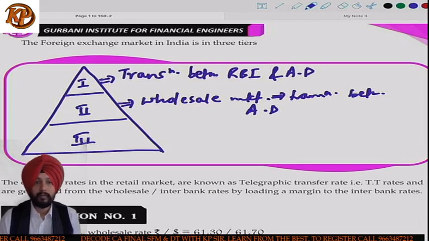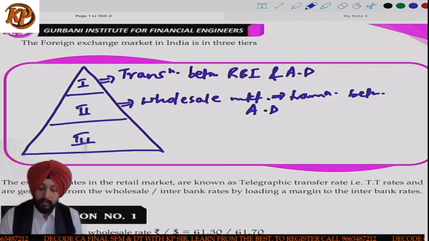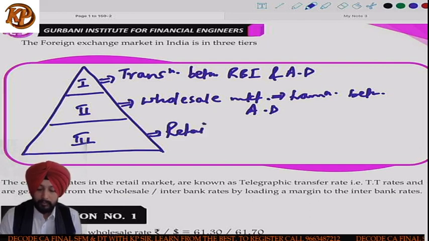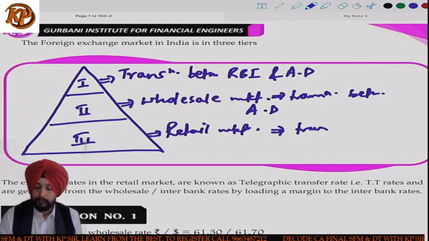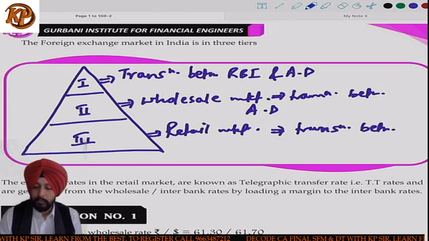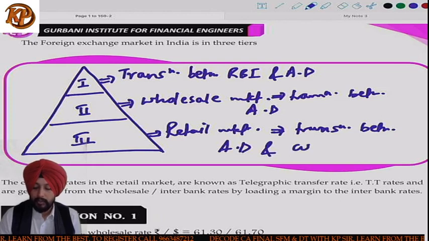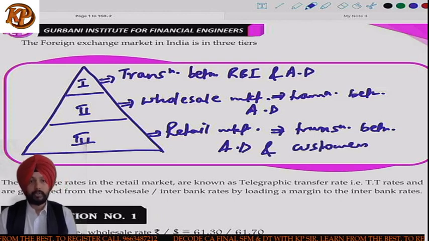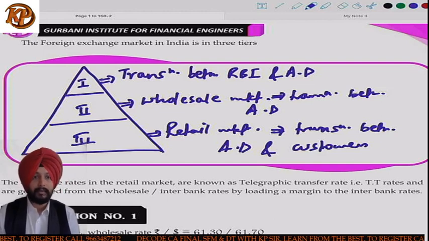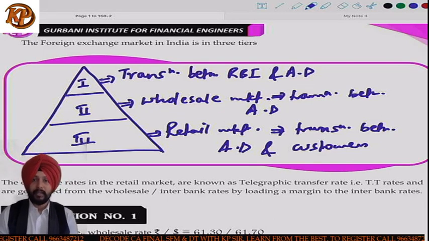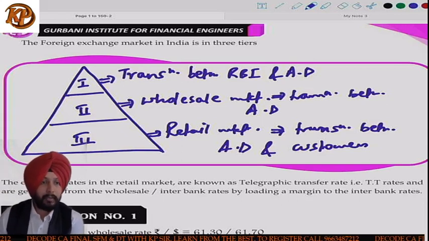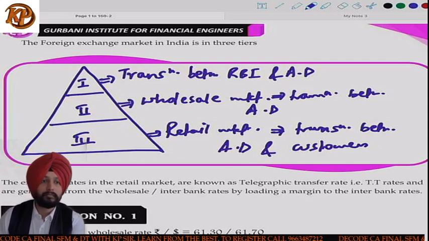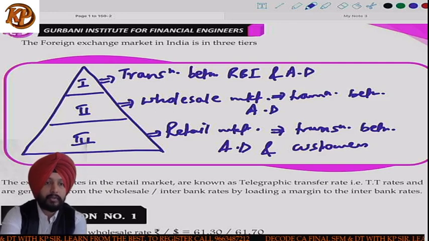And then we have the tier 3 market, which is more like a retail market, which is transactions between authorized dealers and customers. Obviously customers can be both retail customers or corporate customers, but the transactions are taking place here between authorized dealers and customers.